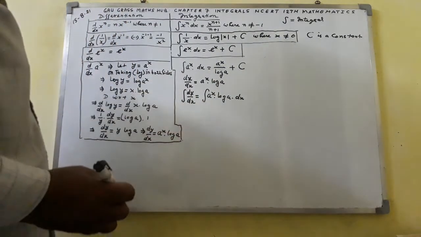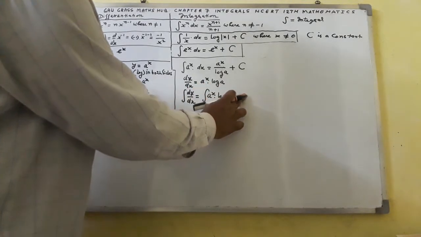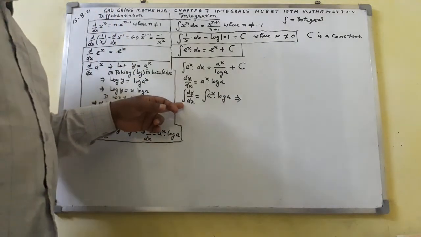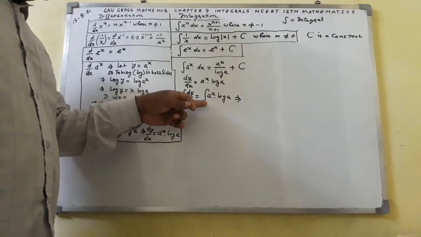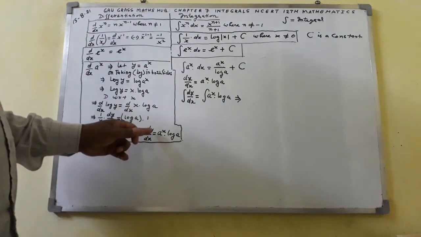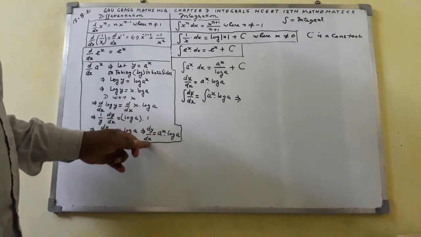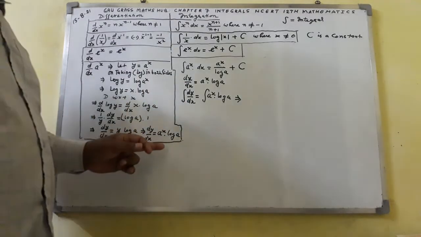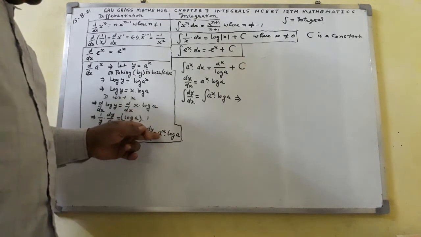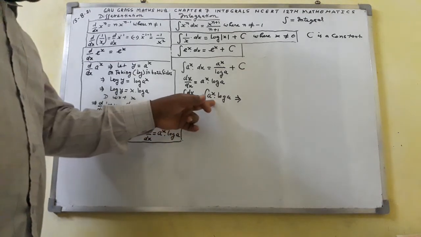Here you can see the integral of dy over dx equals the integral of a raised to the power x dot log a; I have just put the integral before dy over dx, and the same thing on the right side.